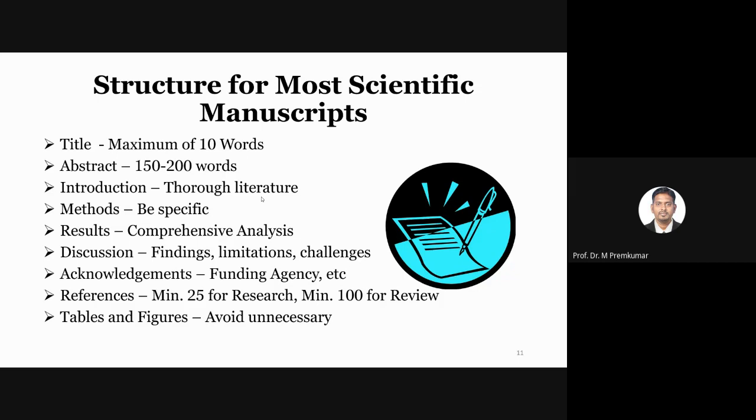To start with, you give a small introduction, then the problem, what you are going to propose, and what you found from the experimental study. You have to list it in this way. At any cost, it should not go beyond 200 words, and it is better to have a minimum 150-word abstract. Keep this point in mind.